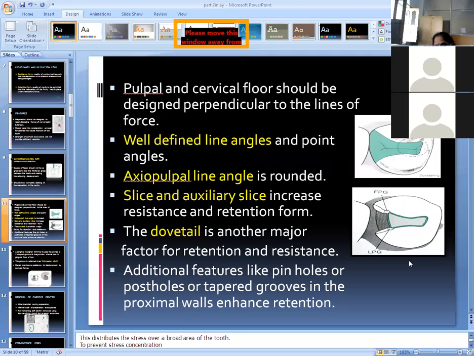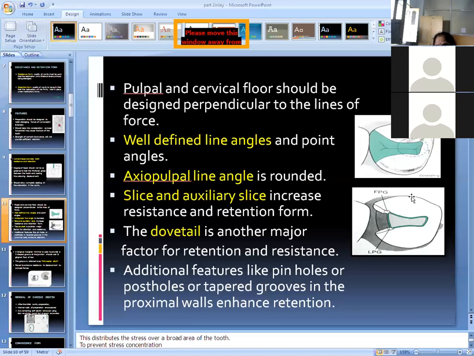Then the axiopulpal line angle has to be rounded. If you are giving the slice, we have learned about slice and auxiliary slice preparation. Those are the additional features that give a circumferential tie to hold the restoration, as well as the dovetail.